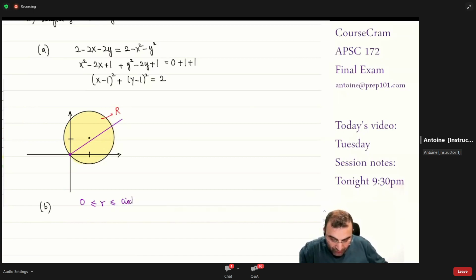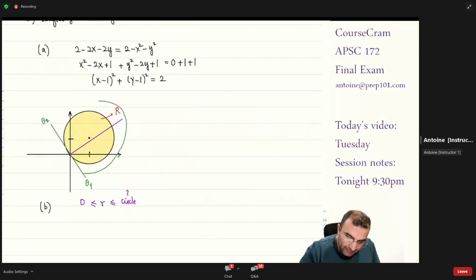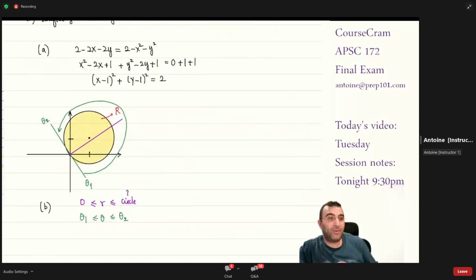So we need to find the equation of the circle in polar. Now theta starts here. I don't know what this is. And it goes all the way till here. Right? Theta goes from this theta to this theta. The question is, how do I find theta 1 and theta 2? You see why this is interesting?